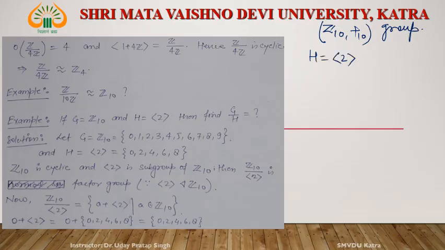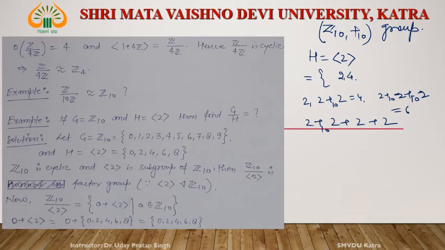What is H? H is generated by 2, right? What is that? 2, then 2 plus 2 modulo 10, this is 4. Then 2 plus 2 plus 2 is 6, right? Again 2 plus 2 plus 2 plus 2, all are modulo 10 operations, this is 8.